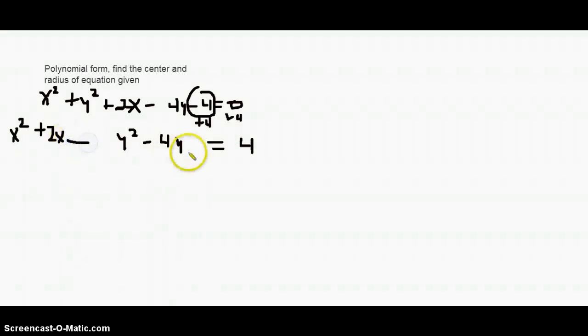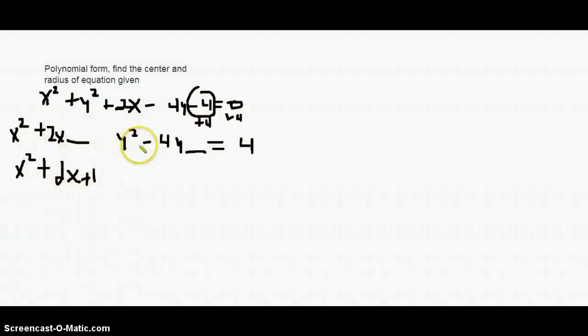which means we divide the middle term by 2, and then we square it. So x squared plus 2x plus 1 is basically what it'll become.